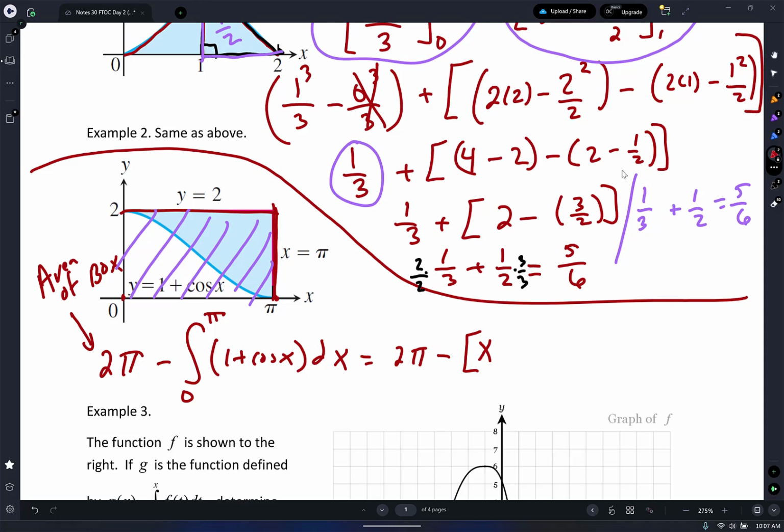X. Let's see if you guys get this. What's the antiderivative of cosine? Not negative. Sine x. How do you check yourself? Check yourself before you record. Oh, that was dumb. Don't do that. If I take the derivative of x, it's 1. If I take the derivative of sine x, it's cosine x. So do you see 1 plus?